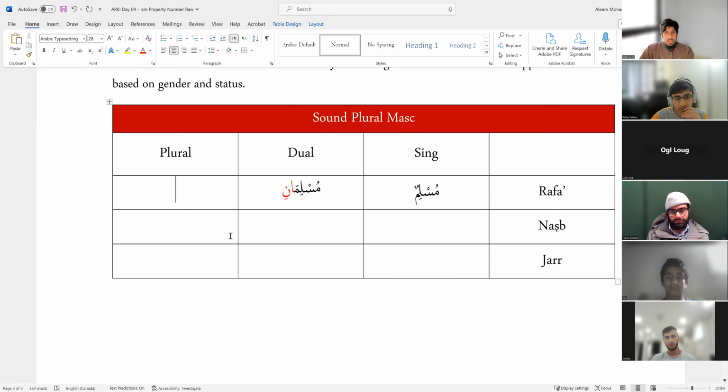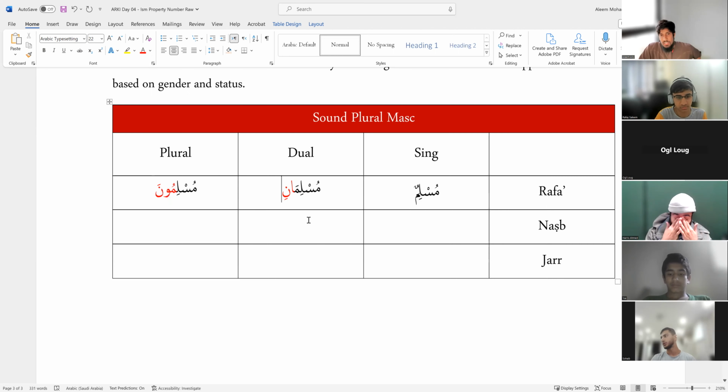What are the Arabic words for singular, dual, and plural? Singular is mufrad, dual is muthanna, and plural is jama'. So we have muslimun, muslimani, and for the plural, this is muslimuna. It's an una ending.